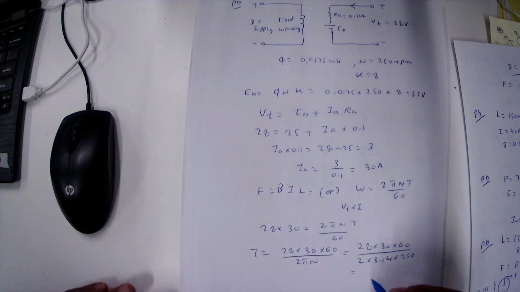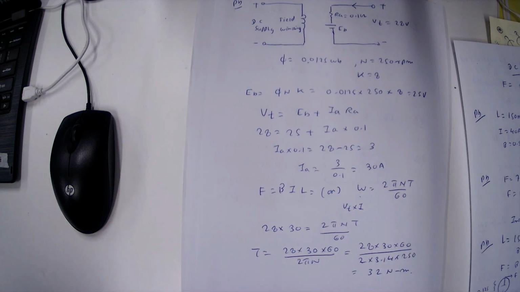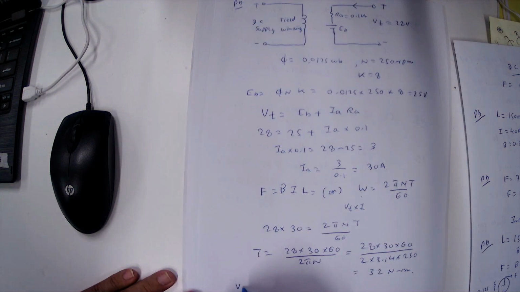That will be 32 Newton meter. And armature voltage drop VA can be calculated.